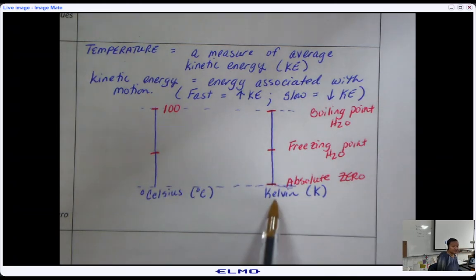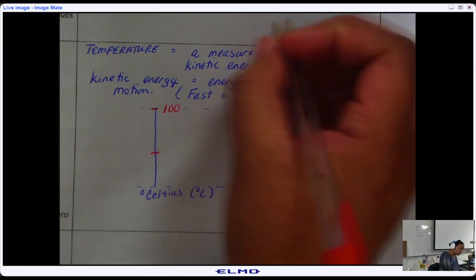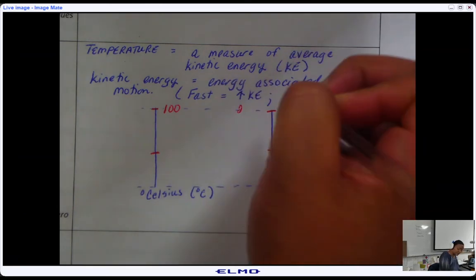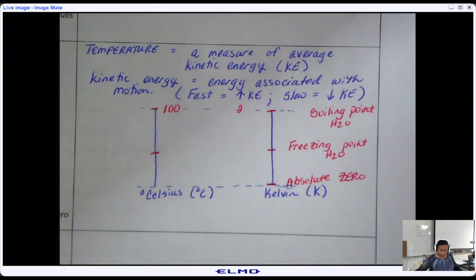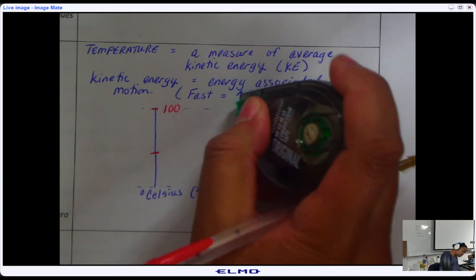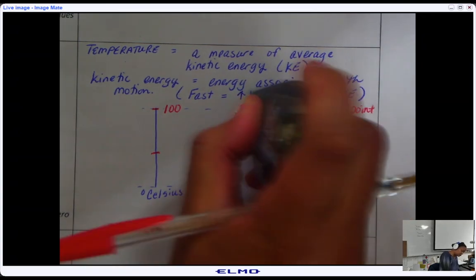On the Kelvin scale, it is 273 degrees. I'm sorry, it's 373. 373 degrees.